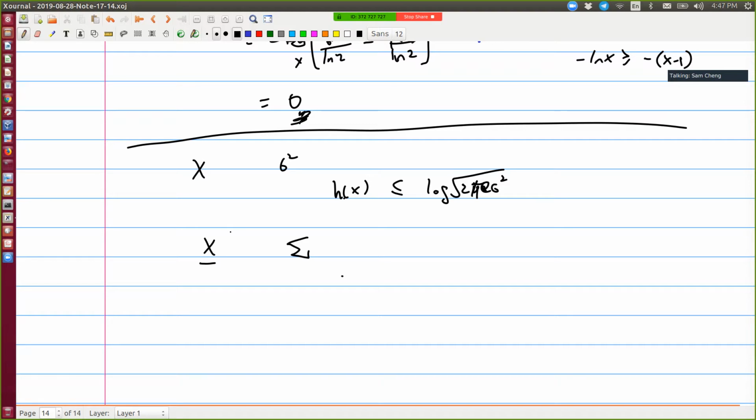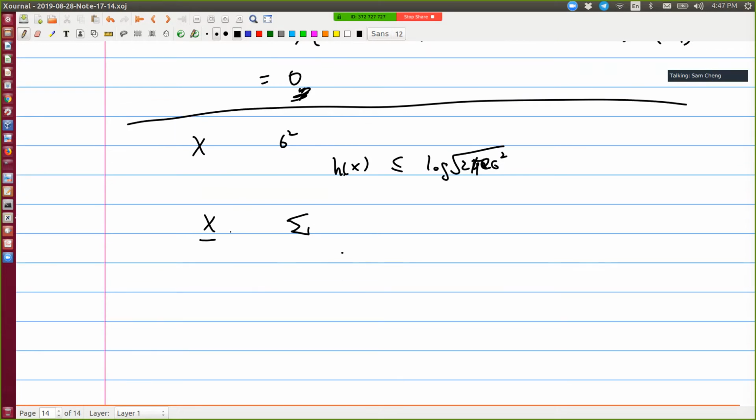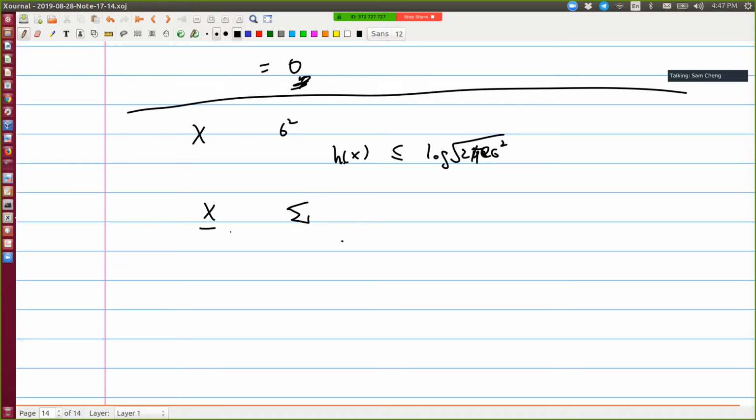So to show that, let's write the PDF of the Gaussian distribution. Let me denote the PDF as this one.